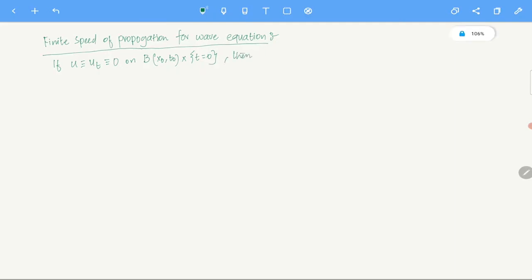No. So u is identically 0 within the cone.